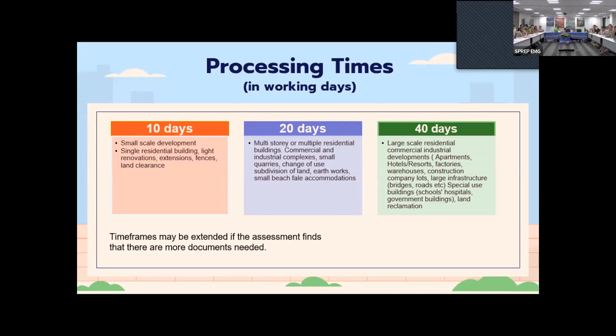That also includes subdivision of land. Again, no physical works. It's just that you had 1 acre that you would now like to make into 4 quarter acres and you want to sell them. To subdivide your land, you also need to come in for a DCA. Earthworks and small beach fale accommodations, for example, a beach operator who would like to use the beachfront and build 4 traditional beach fale and maybe a small toilet block, would take about 20 days of processing.